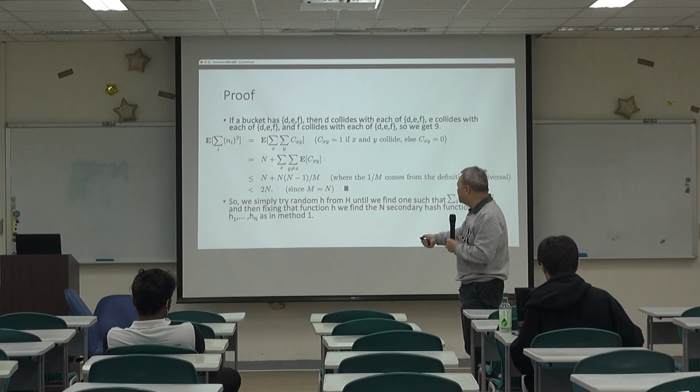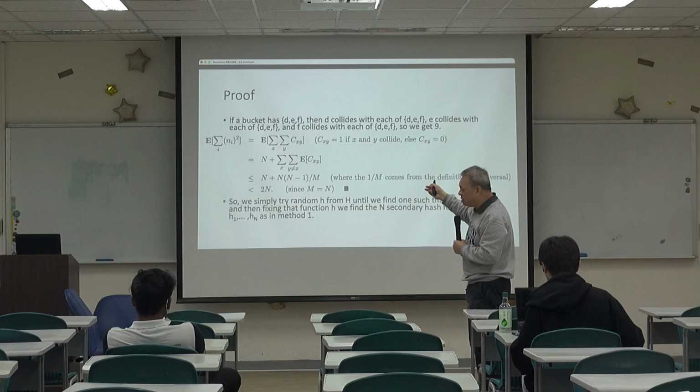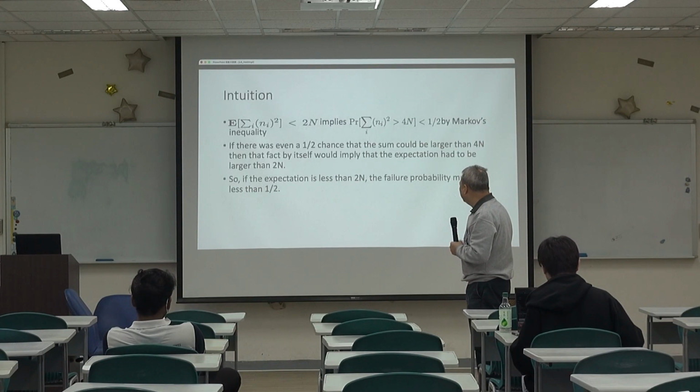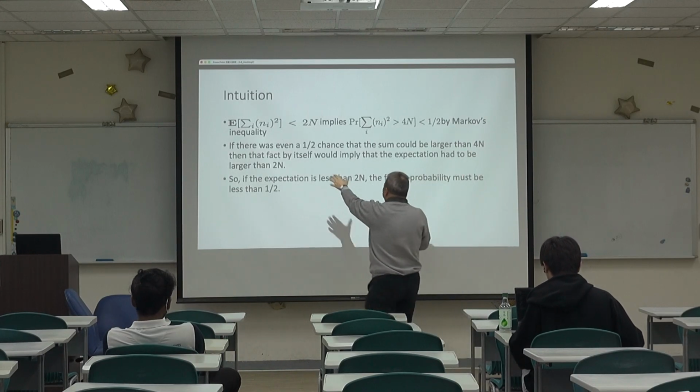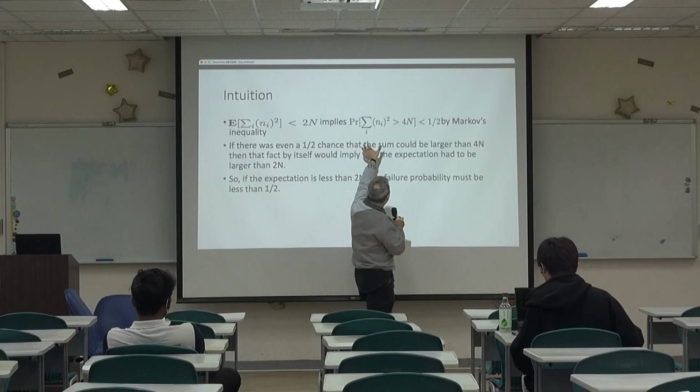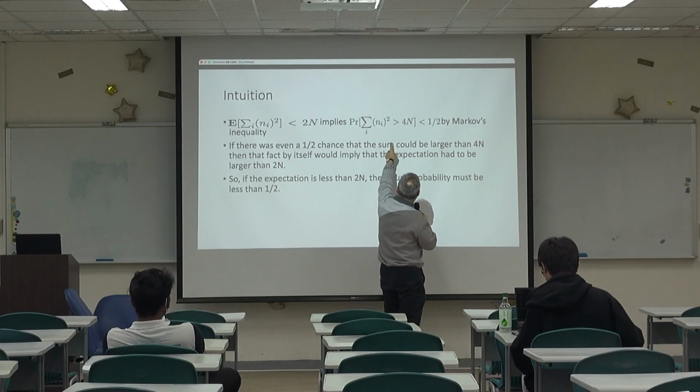So we can prove that the expectation of the sum of n_i squared is bounded by 2n. Okay? It's bounded by 2n. So, in other words, we can imply the probability that the sum of n_i squared is greater than 4n is lower than 0.5.